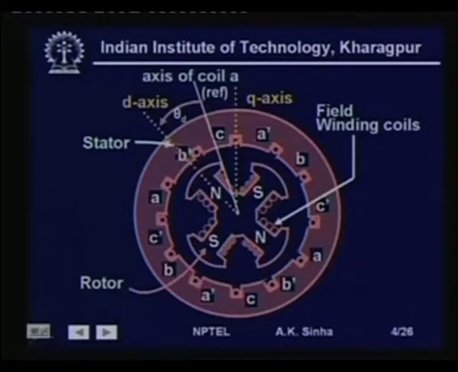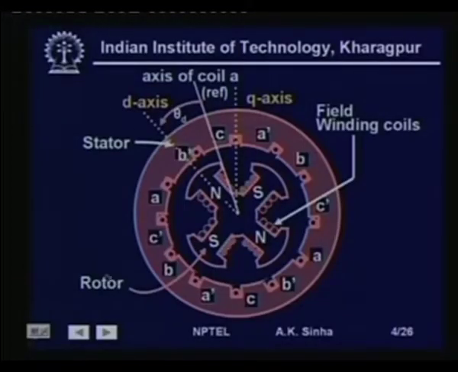Now, this 120 degrees is basically the electrical degrees, as we told in lesson 13. Whenever we are talking about angular displacements, we are always referring to the electrical angles, and as we said earlier, the angular displacement in electrical degrees will be equal to p by 2 times the mechanical degrees.